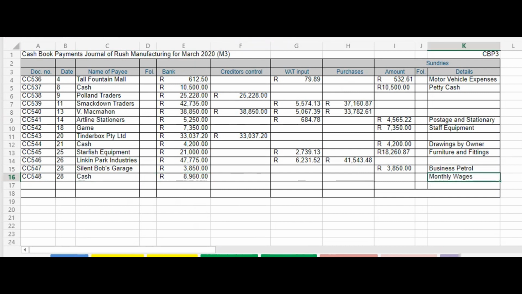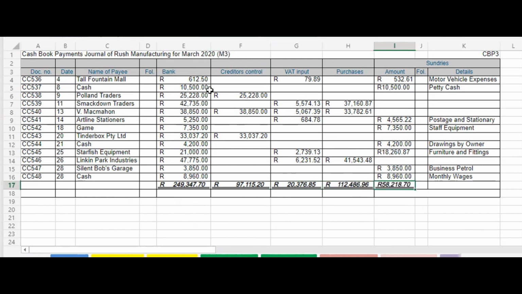We identify the contra account in sundry, and we post the full amount there. There's nothing wrong there. Okay, so what we then do is we go and we total all our columns just by adding it all together. And these are the amounts that we get when we total it.